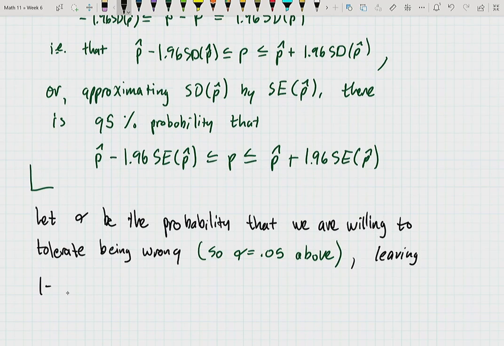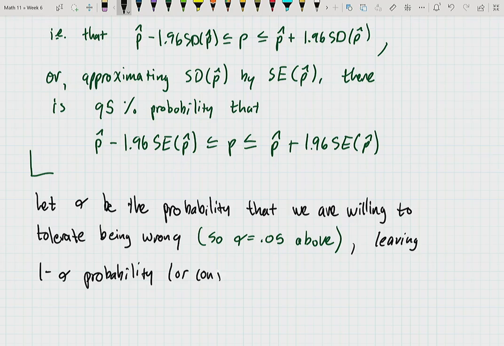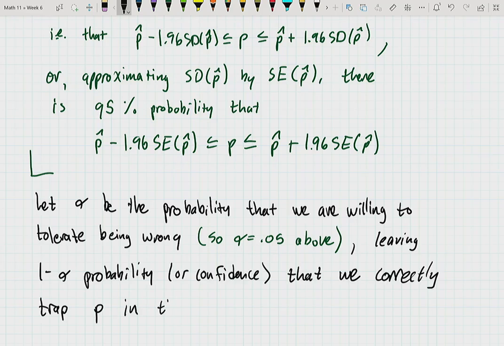So this leaves a 1 minus alpha probability, or confidence, if you will, that we correctly trap p in the confidence interval.